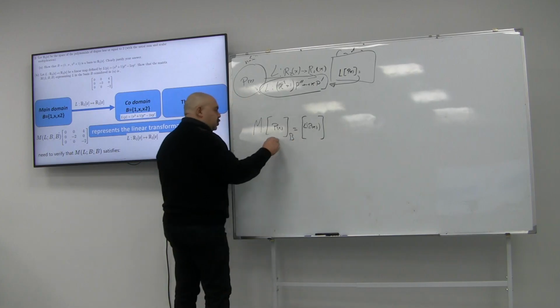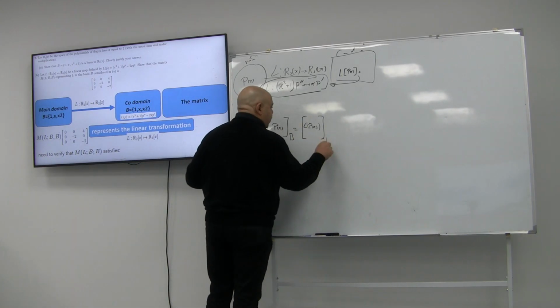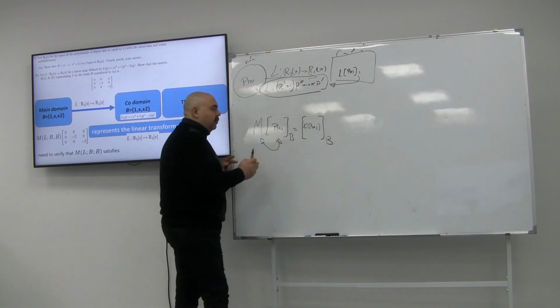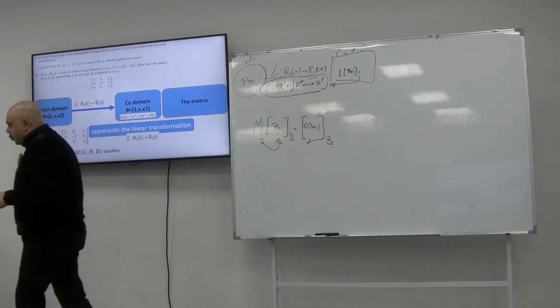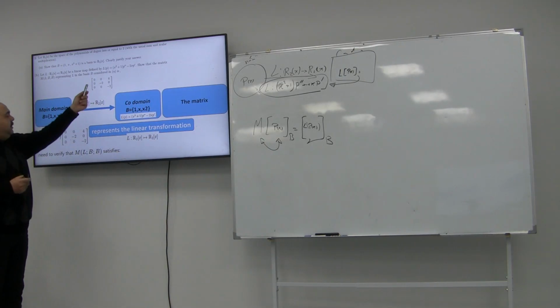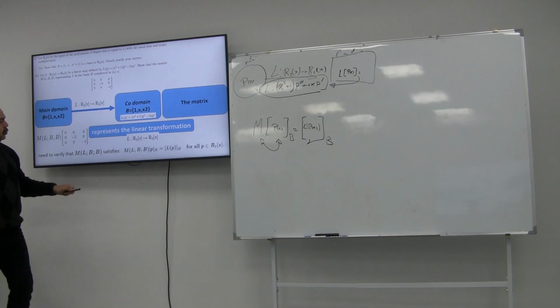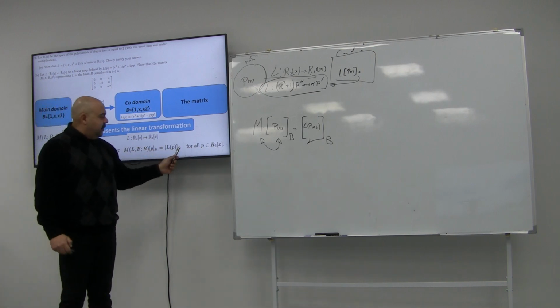Once you multiply these matrices together, you will have the coordinates of the image on the other side. So what I want to show is that this matrix works perfectly: M times the coordinates of p equals the coordinates of L(p).